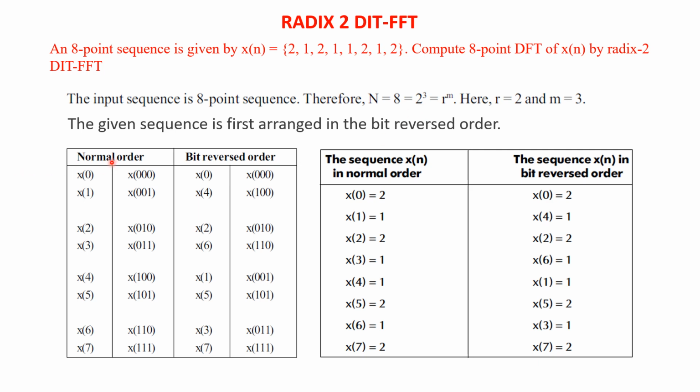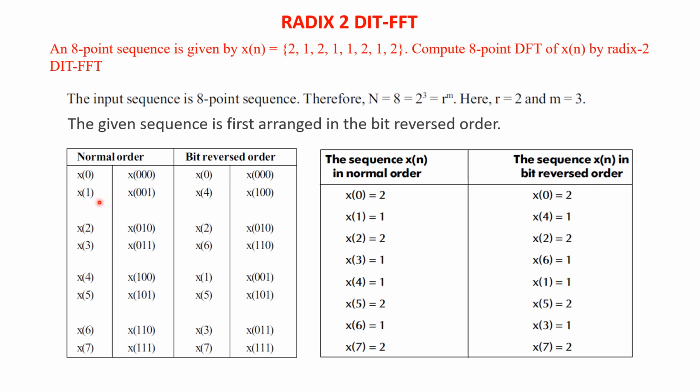Since we are computing using the DIT FFT algorithm, the given input signal is arranged in bit reversed order. So we are going to see how it is arranged by bit reversal. First the normal order: x of 0, where the 0 is in decimal, can be represented in binary in the form of 3 digits, that is x of 0, 0, 0.